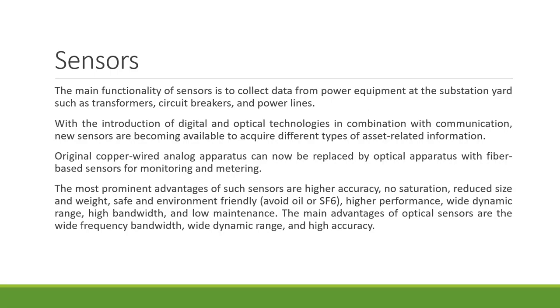So whatever the sensor, they can acquire different types of asset related information, a number of significant pieces of information they can capture. Original copper wired analog apparatus are now being replaced by optical apparatus with fiber based sensors, so that monitoring and metering can be done effectively. So that is the change in the sensor technology.